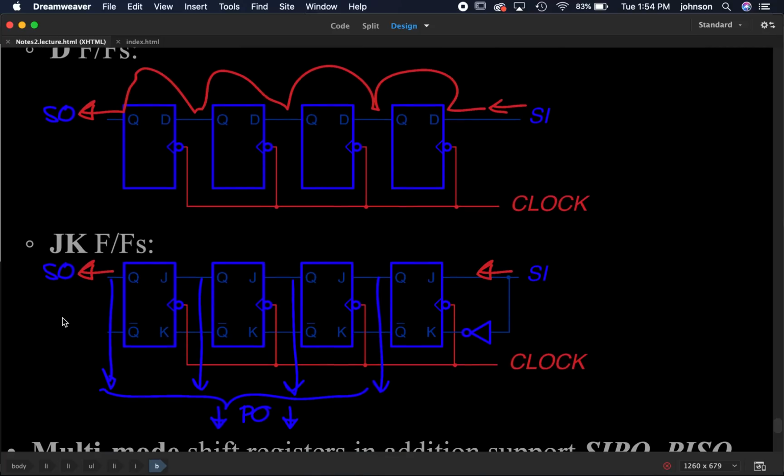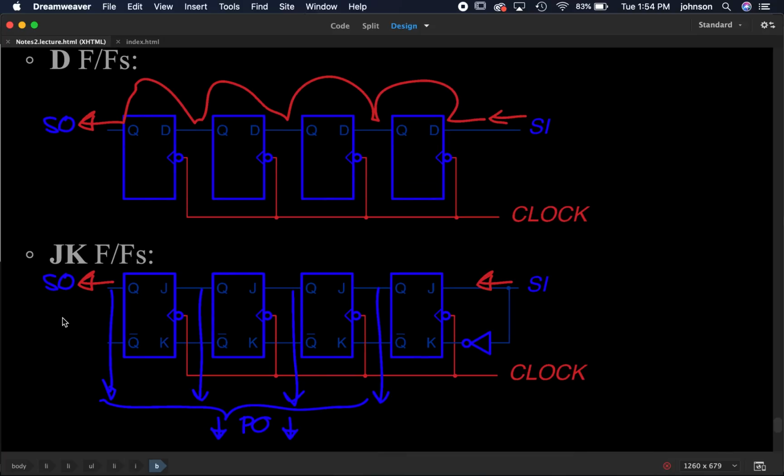Here I'm illustrating the same operation, moving in every time there's a clock pulse. I move 1 position across until I pop out. And I'm also illustrating a hybrid operation, serial in, and if I have access to the 4 Q outputs here, I will get the data in parallel. And in fact, this is how the internet works.